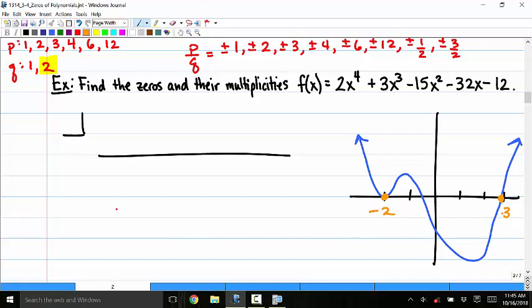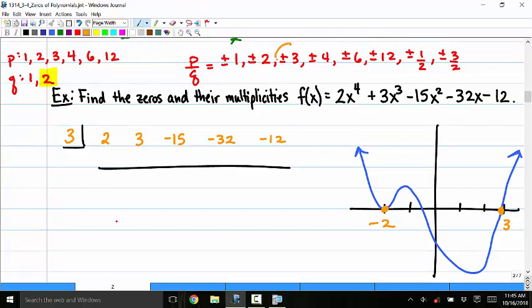But I'm going to go do both of those zeros over on my little synthetic division. So let's go put 3 in the little half box and see what happens. What are my numbers? 2, 3, negative 15, negative 32, and negative 12.